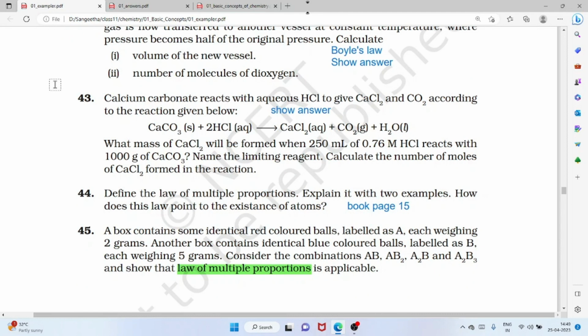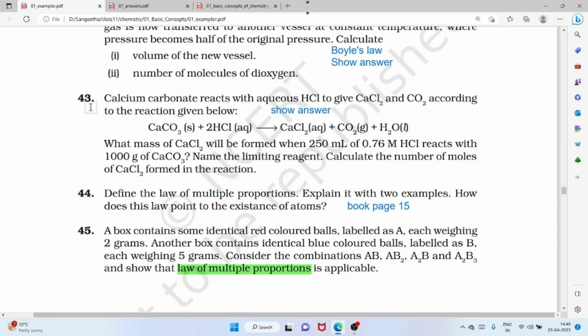Calcium carbonate reacts with HCl and gives CaCl2, and this is the reaction. What mass of CaCl2 will be formed when 250 ml of 4.5 molar HCl reacts with this? This is also like a limiting reagent problem only.